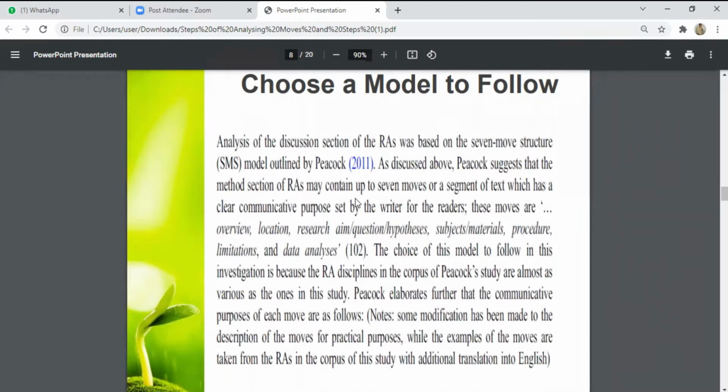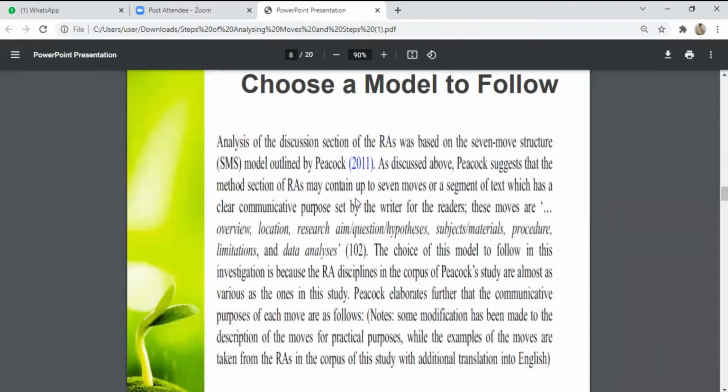And you are sure that there is no such model yet. And then you can use a model from a similar discourse or similar genre. What is it? The article. The discussion section of an article, like what is suggested by Peacock.